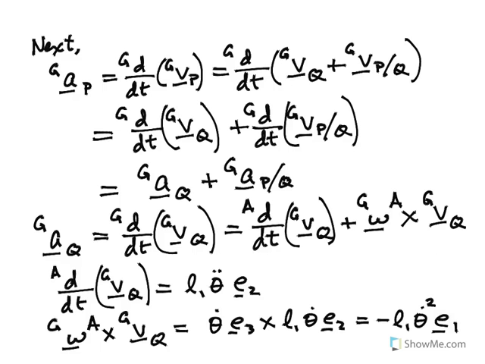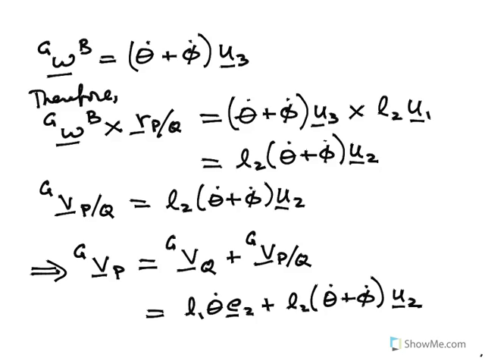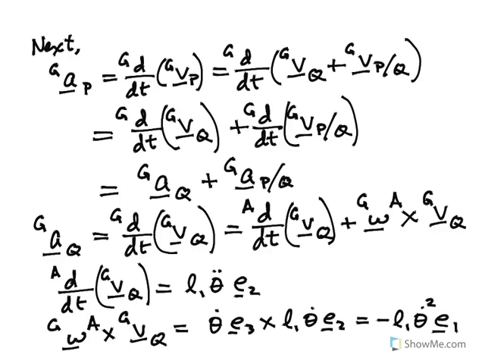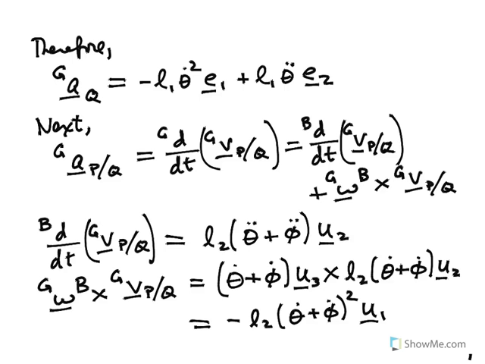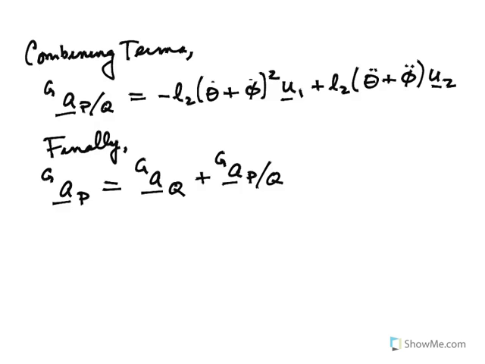So let's go back and grab the acceleration of Q. The acceleration of Q was right here. It's minus L1 theta dot squared E1 plus L1 theta double dot E2. So this gives me minus L1 theta dot squared E1 plus L1 theta double dot E2.